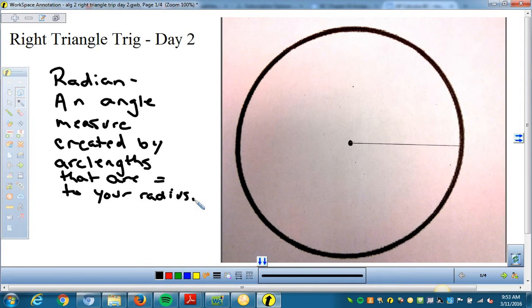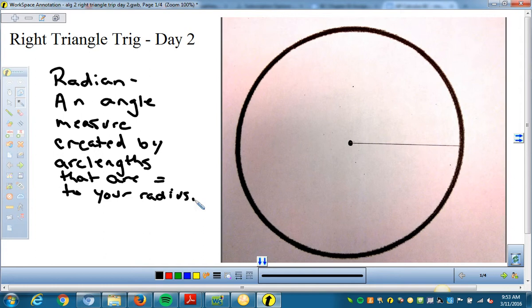What you're going to do today is create the radians around the circle that you have in front of you. Everyone should have a piece of string that is the length of the radius, 8 centimeters.